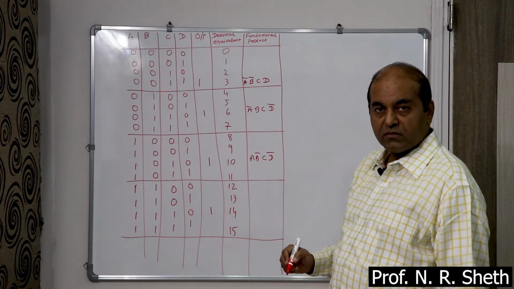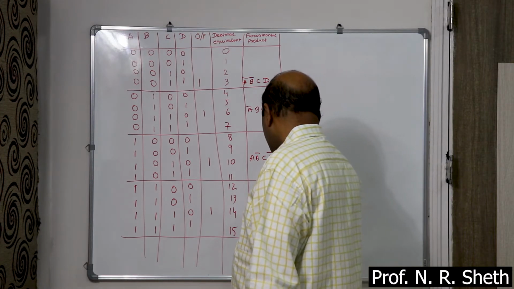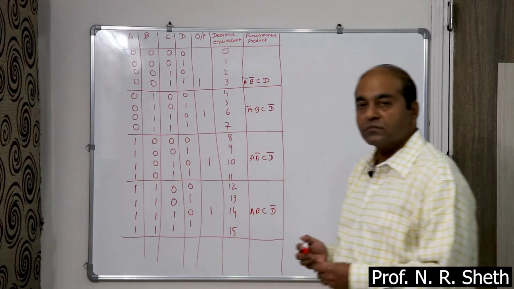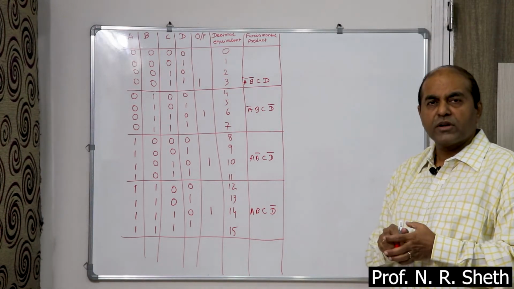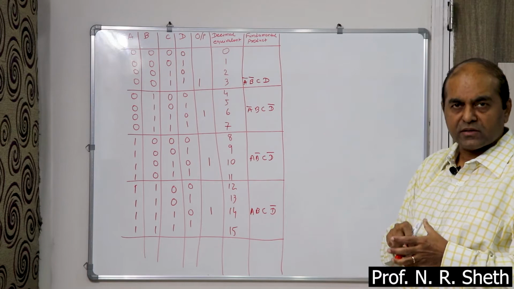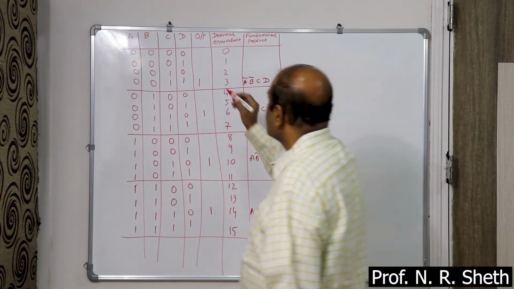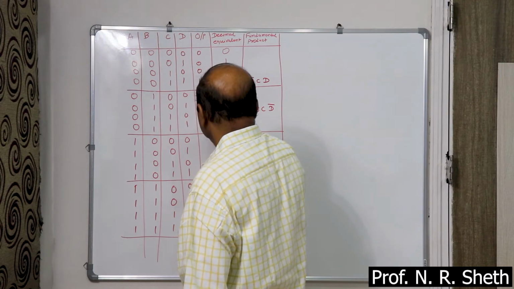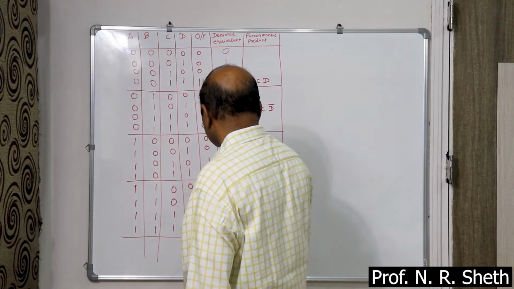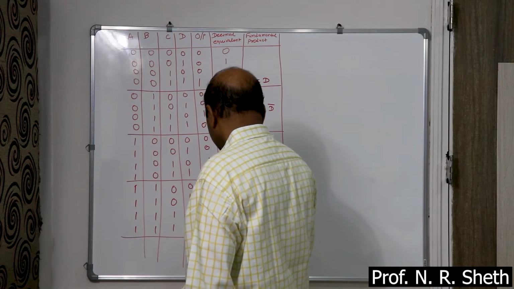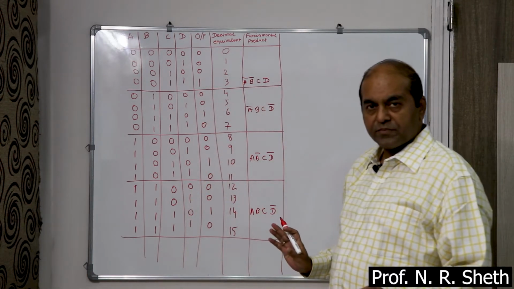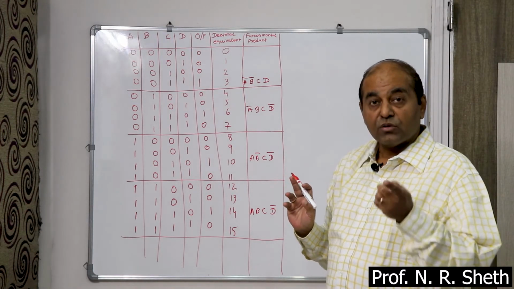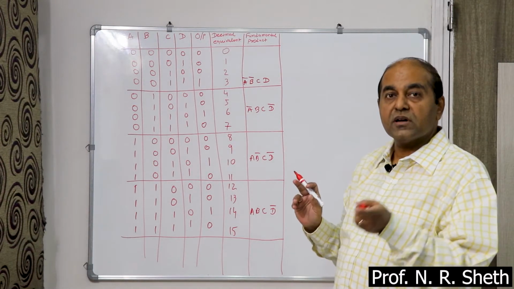And number 14, A, B, C, D bar. No need to find out the fundamental product of remaining cases. At the output section, you can place 0 here. Okay, but only 4 fundamental products. Now these 4 you have to represent in a K-map.